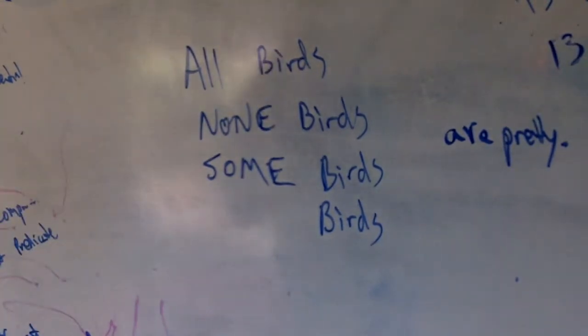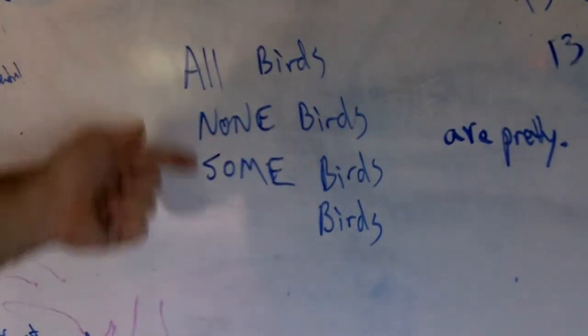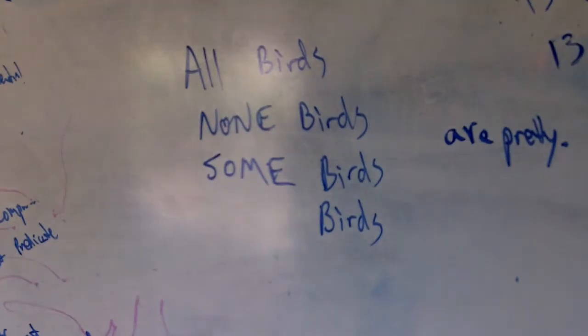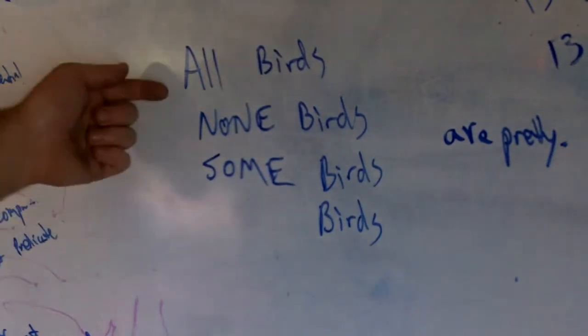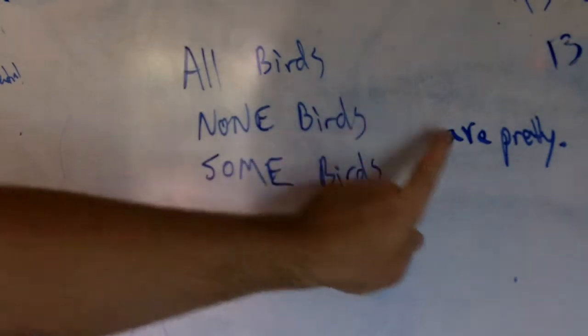Well, what you have to contradict in these premises is the distribution. And the way that you contradict the distribution most accurately and directly is this: whether it's all birds are pretty or all birds are not pretty, it doesn't matter.